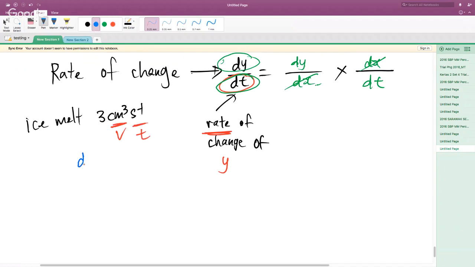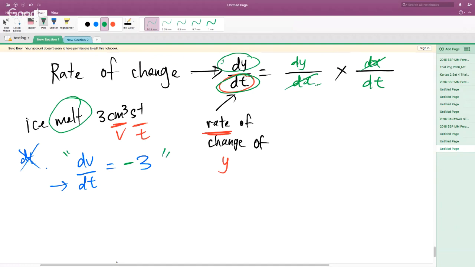So I will say dv over dt, and dt is always at the bottom. Is it possible for dt to be on the top? Not possible. So dv dt equals 3. But if you write 3, you won't get full marks, because the word melt means the volume is decreasing. So you have to add a negative. This is quite important.